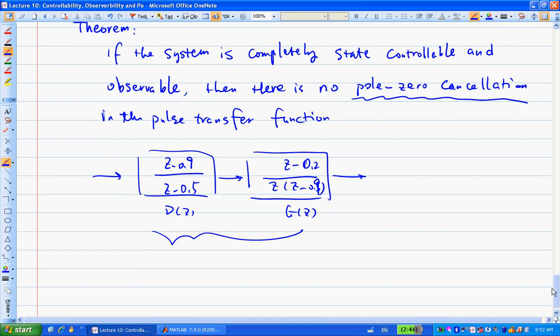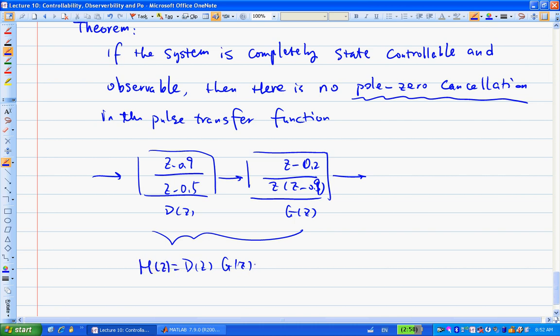So when you have this kind of situation, which is what we call pole-zero cancellation, what's the transfer function for this open loop system? Let's call that H over z, right?